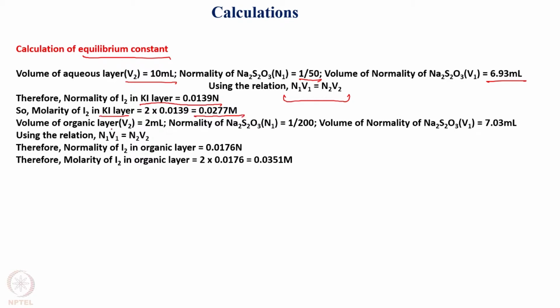Then after the titration of organic layer, which was 2 ml, and again using the normality equation, we can obtain the value of normality of iodine in the organic layer and then the molarity.